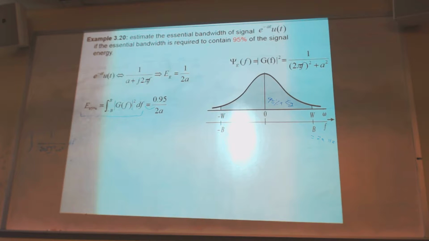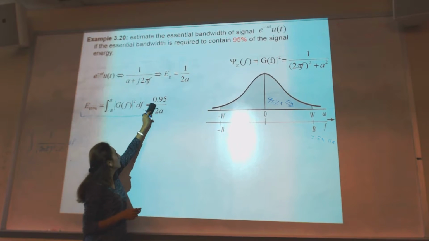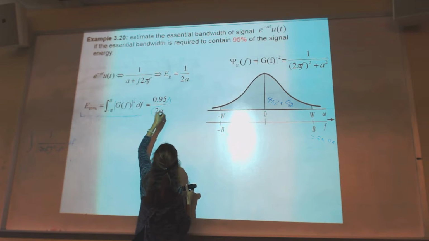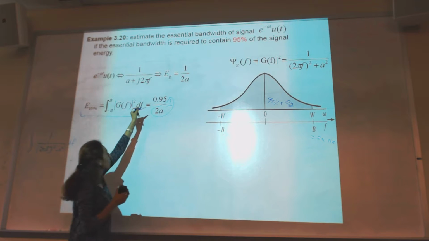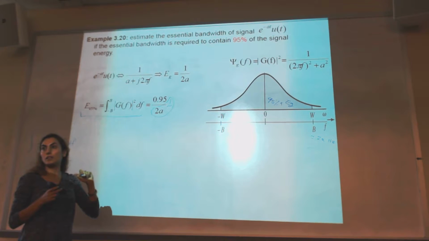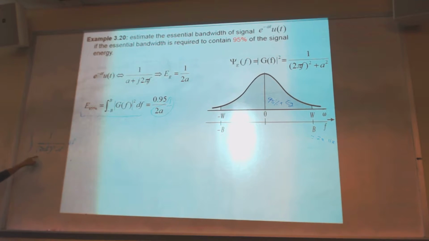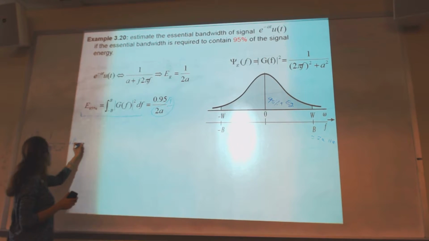What about the 0.95 over 2a? Yeah, this is 1 over 2a, the total energy. We're trying to find out how you got the 2.02. Yes, you have to take the integral, from minus b to b of this, which is equal to 0.95 over 2a.